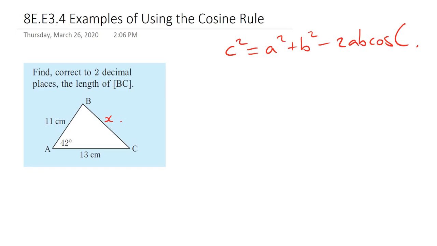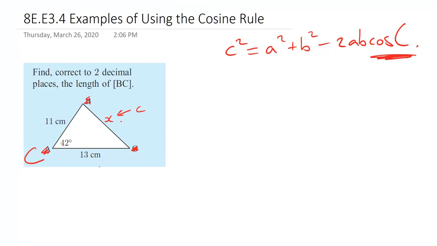Now, straight away, we have an angle used in this, which is called capital C. So we better call the angle we've got in this question a capital C, so we can sub it into our version of the cosine rule, which means the thing we're trying to find, x, is the lowercase c.